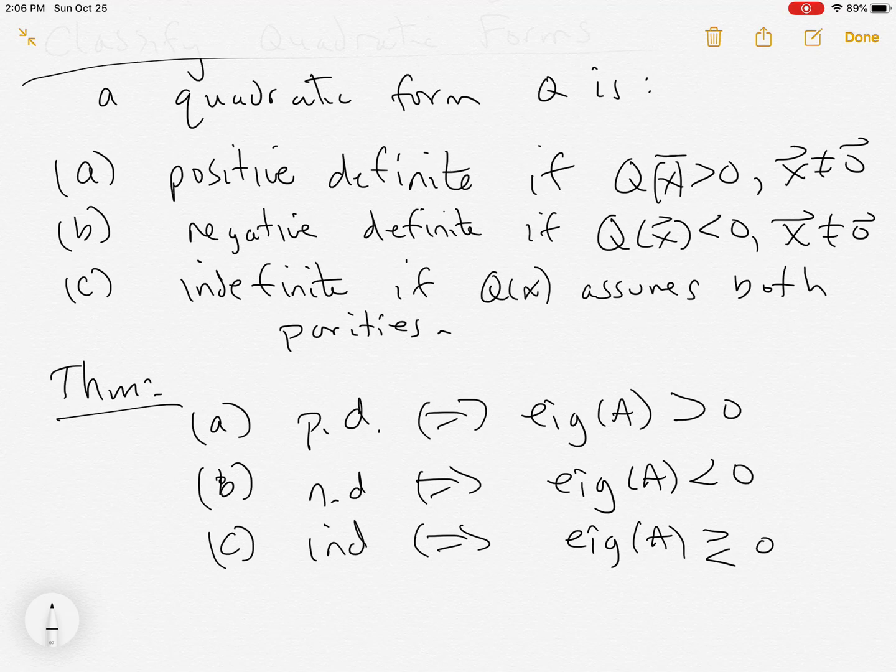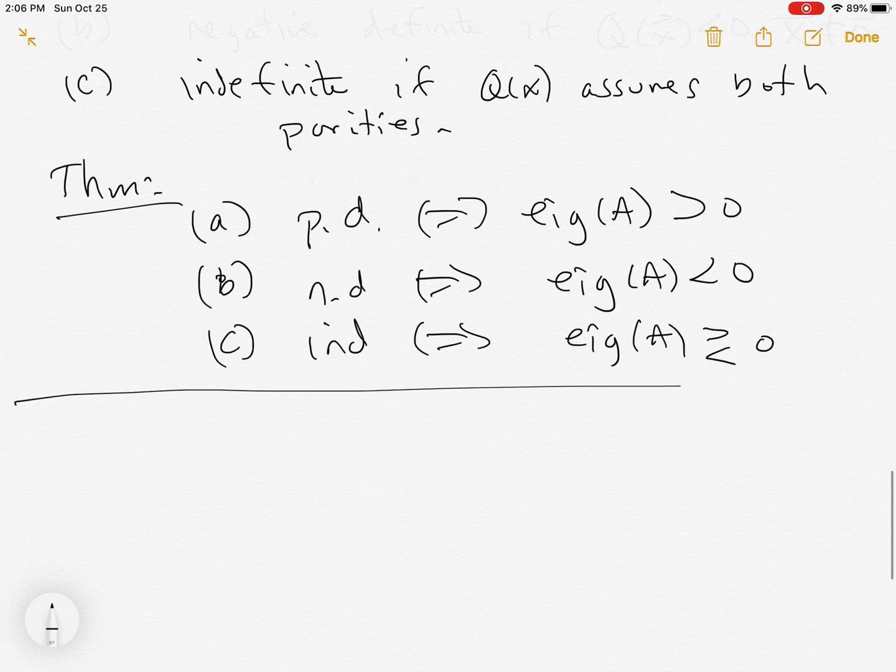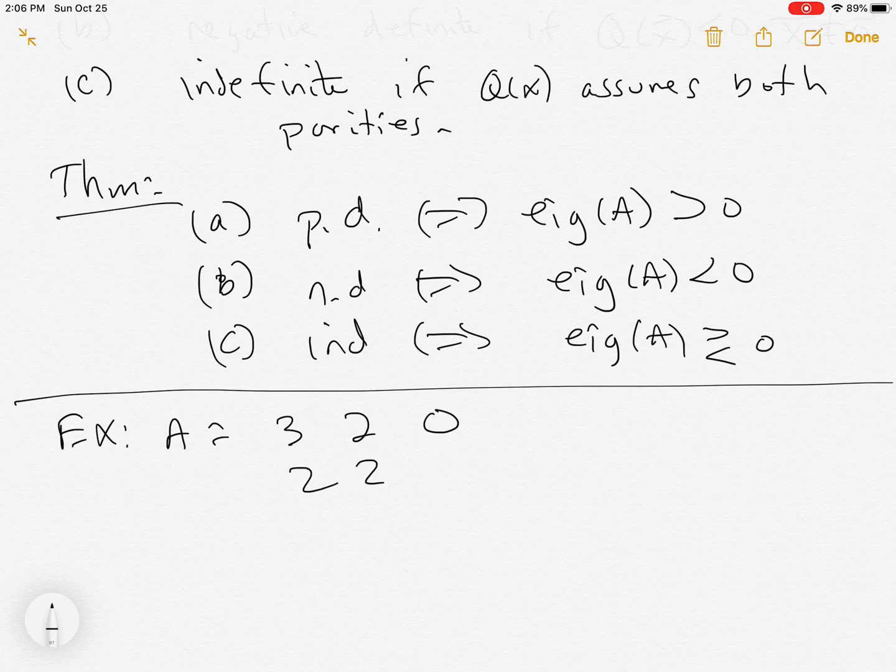Well, now, let's look at an example here. We'll leave R2 for a second and go to R3. Let A be 3, 2, 0, 2, 2, 2, 0, 2, 1.